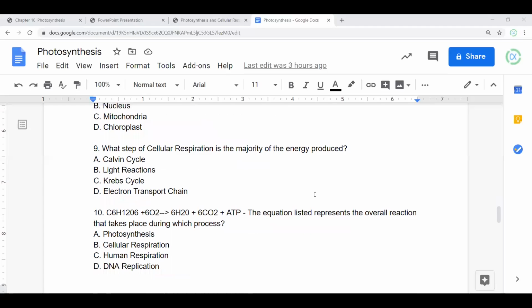Now we have another equation where glucose plus 6 oxygen is turned into 6 water molecules, 6 CO2, and ATP. So this equation represents what process?